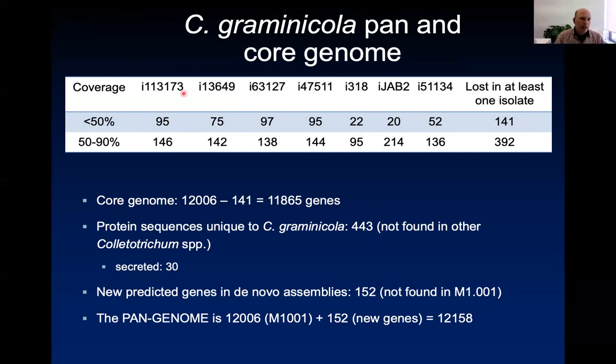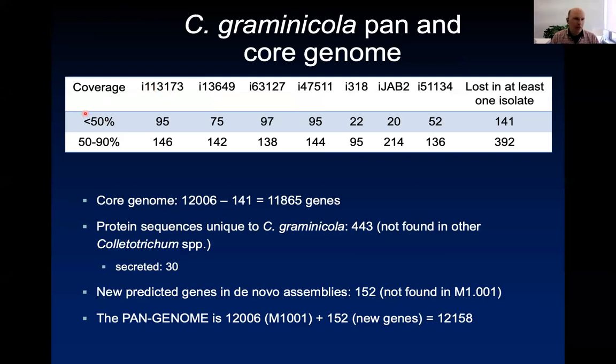So we treated the data like we would with a resequencing experiment, and we aligned the reads to the reference genome, which is M1001. And then we looked at each gene, and if a gene had less than 50% coverage, then we considered that gene missing in that isolate, okay?